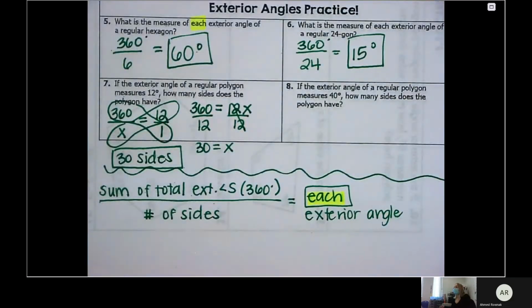Okay, do you think you can do number 8? It's exactly the same. You try number 8, and let's see if we get the same answer.